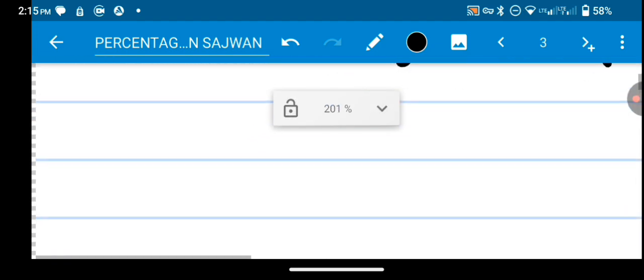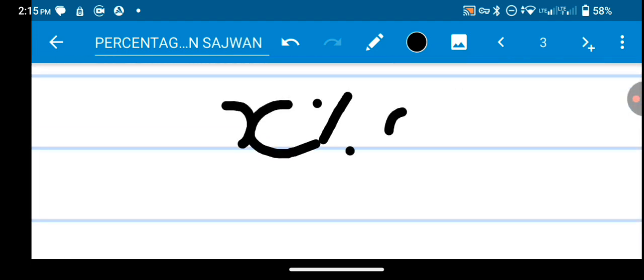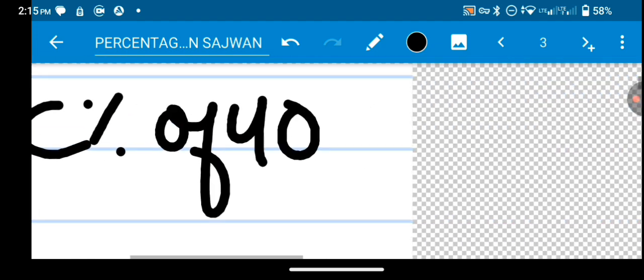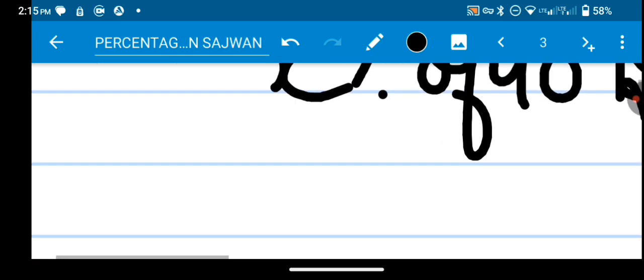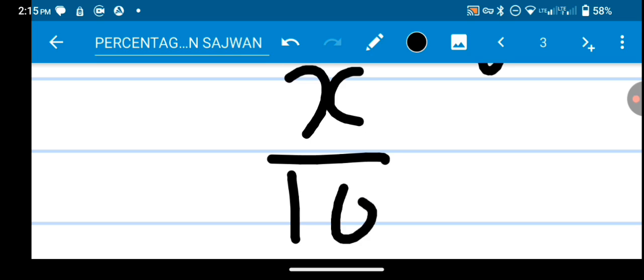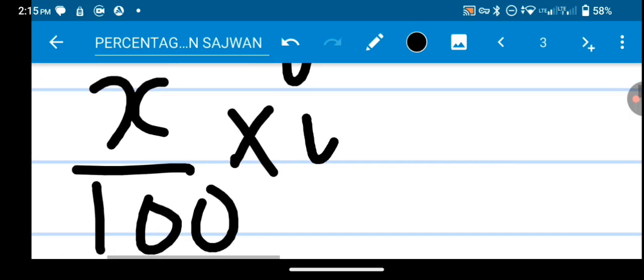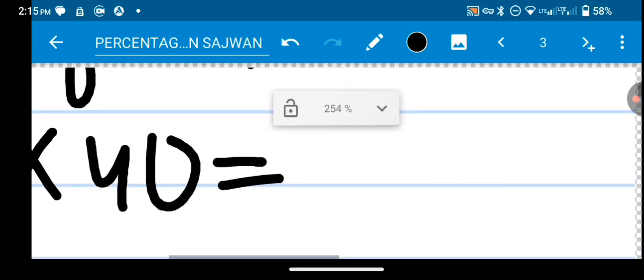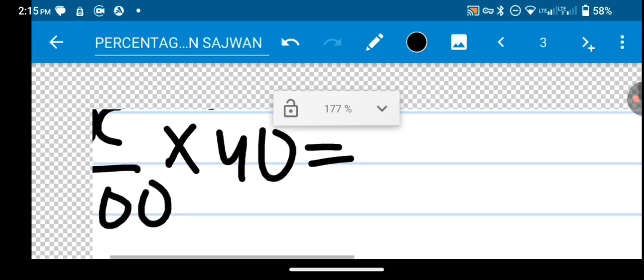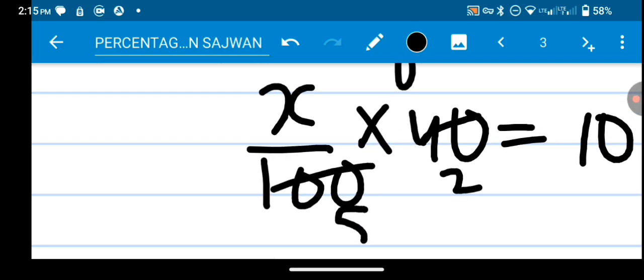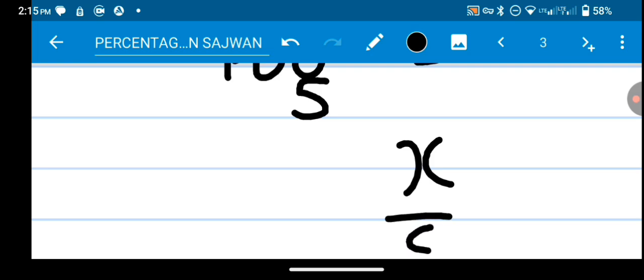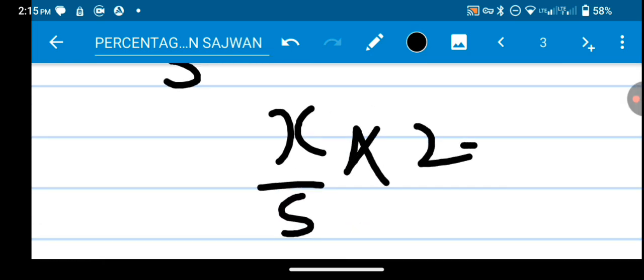Suppose we take x percent of 40 is 100. X percent means x upon 100, "of" means multiply, and 40 is equal to 100. 20 is 5. X upon 5 into 2 is equal to 100.